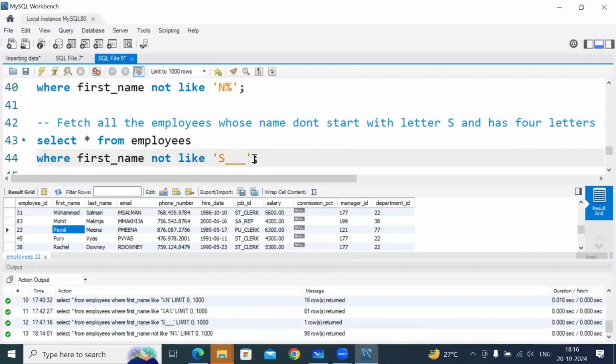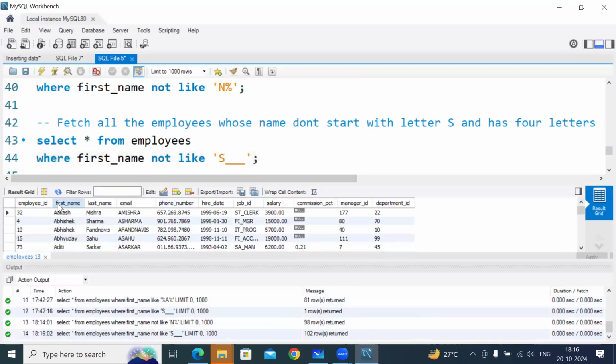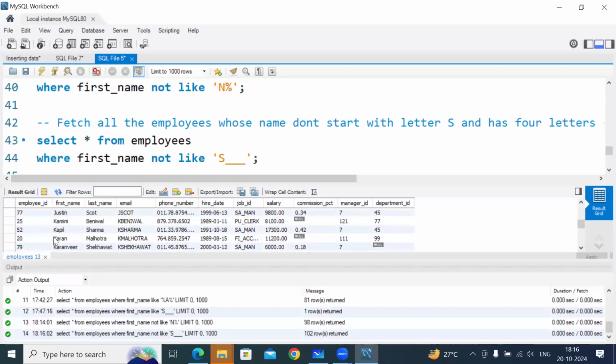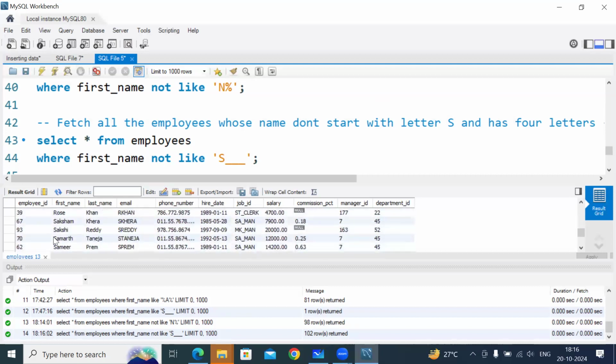So if I press Control Enter here, I'll be getting all the employee names starting with A, B, C, and so on, but not the four-letter names with S. See, I have got Saksham, Sakshi, Samarth, etc. All are starting with the letter S, but none have four letters in total. When you count Saksham, it is more than six letters, I mean it is seven letters. And here it is six letters.